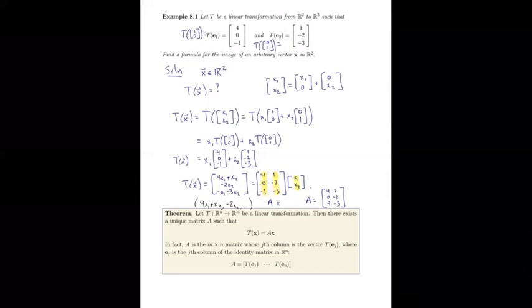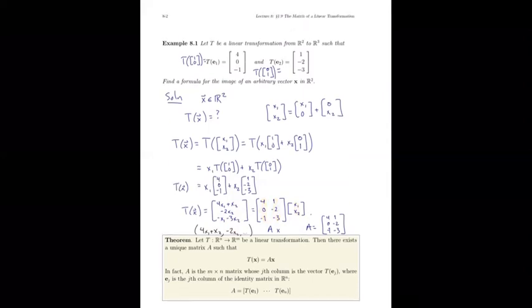Now you'll notice there's a shortcut. Once we've done this once and we know how T acts on the standard basis vectors e1 and e2, or however many standard basis vectors there might be in our domain space, then all we have to do is take the outputs as columns, put them in order, and form a matrix A. So that's your shortcut to do this in the future.